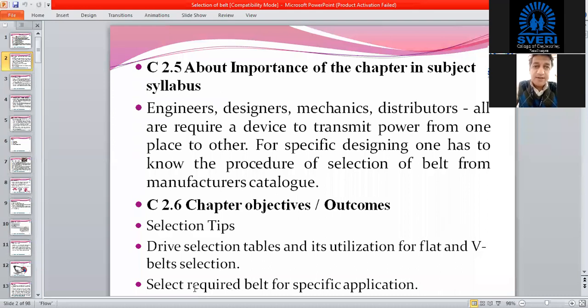You will also learn the requirement of belt in terms of specifications for the particular application. Definitely you will be able to ask for the specifications which are important for the selection of that belt, because an ordinary person cannot read the catalog provided by the manufacturer. You should have knowledge of some parameters which are required to select that belt.